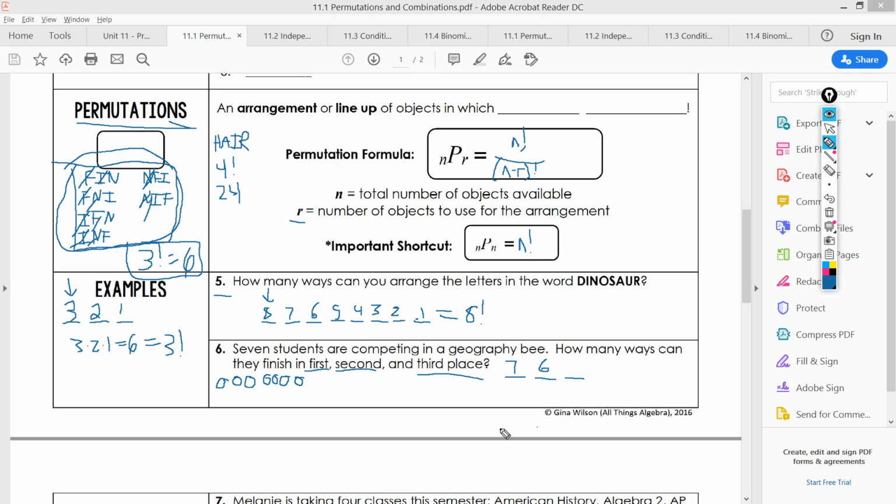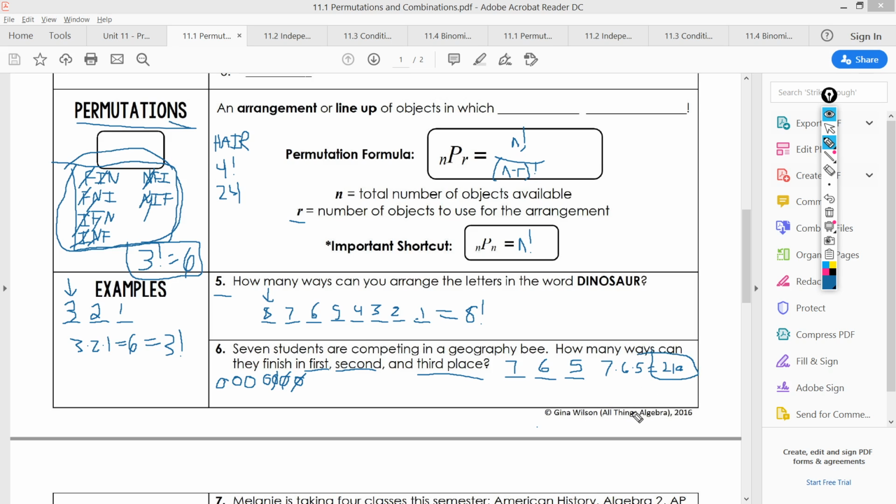And then once I've picked someone for second place, how many people are left for third place? 5. And now I'm done. So it's just 7 times 6 times 5, which is 210. That's how many different ways that they can finish in first, second, and third place.